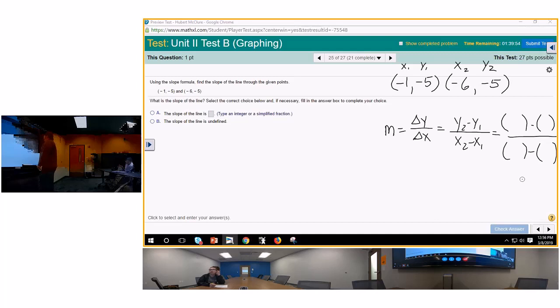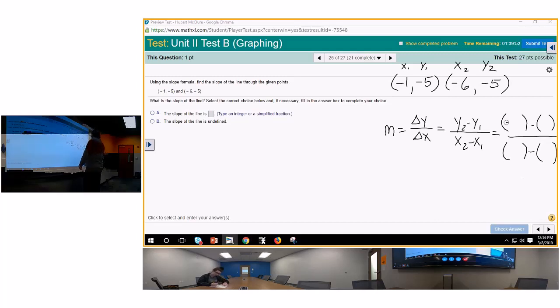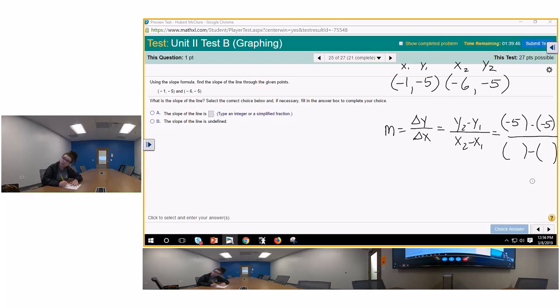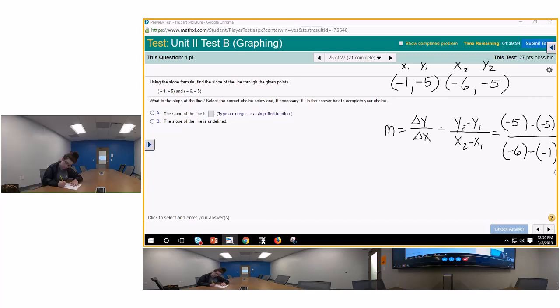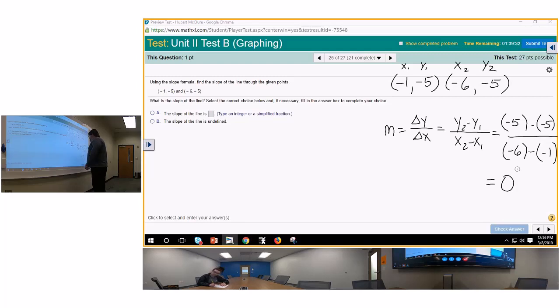So, what's y sub 2? -5. What's y sub 1? What's x sub 2? What's x sub 1? Guess what? Slope is 0. Means it's a vertical line. Why?